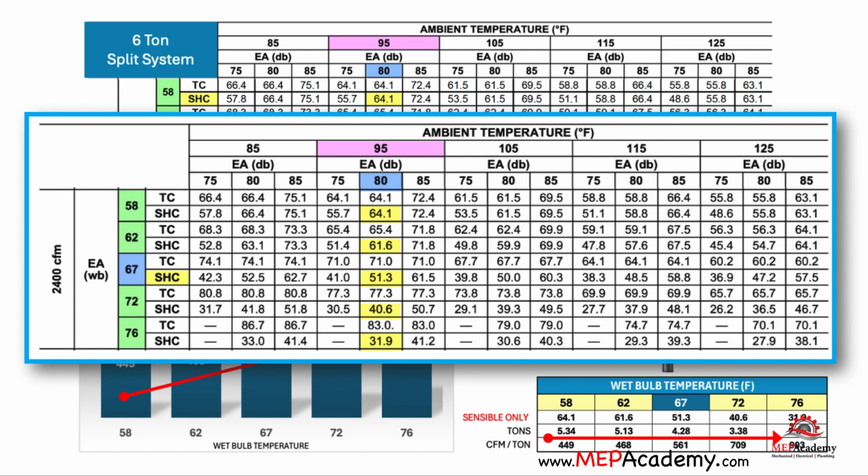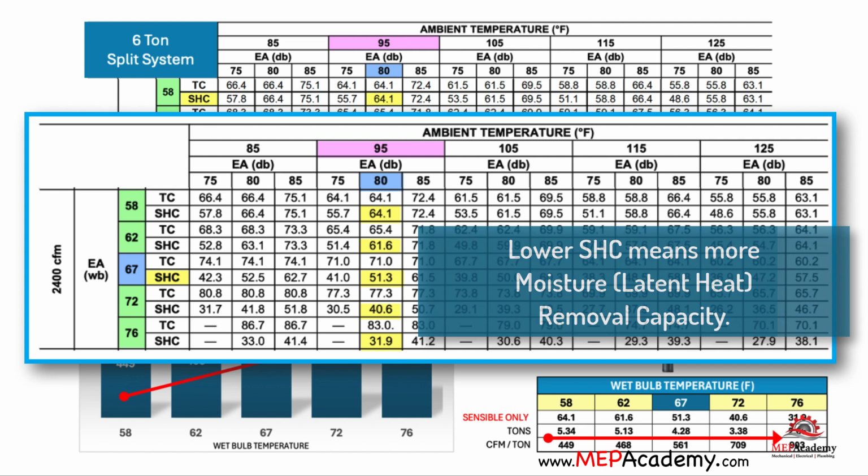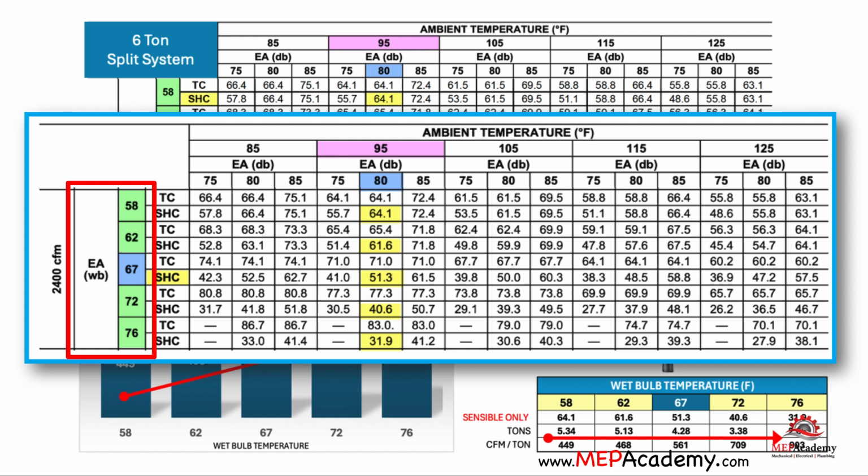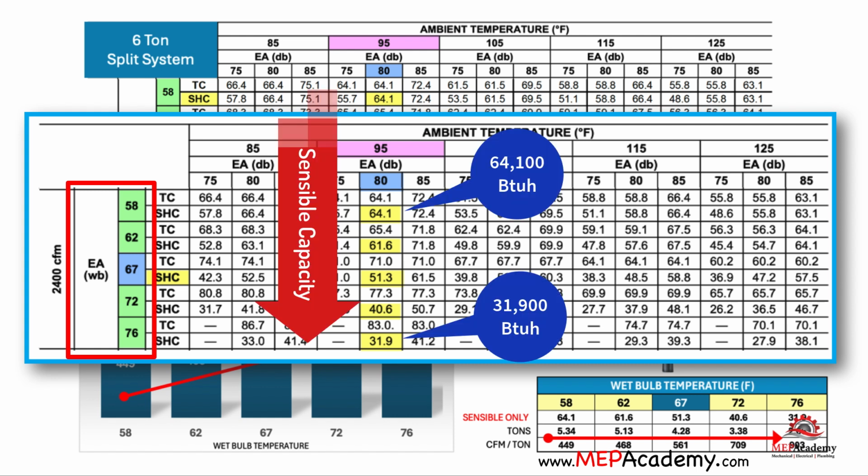A lower SHC means that a greater portion of the cooling capacity is dedicated to removing moisture from the air rather than reducing its temperature. We can see by this performance chart that as the indoor wet bulb temperature increases, the sensible capacity decreases.